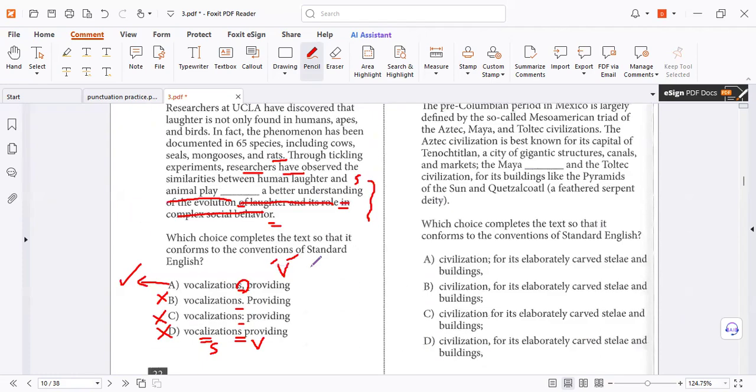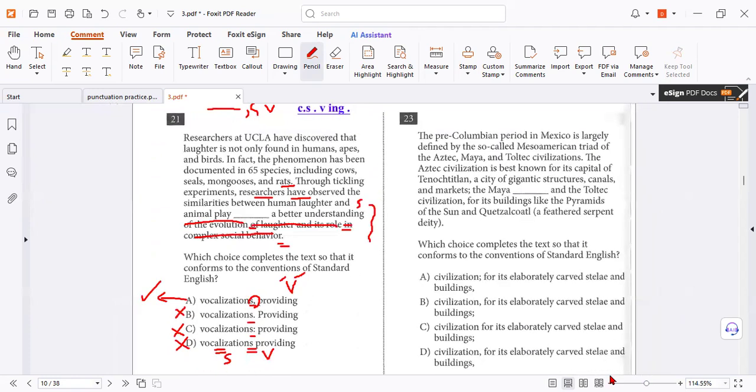Number 23. Number 23 is letter A. No, read again. Conclusion.